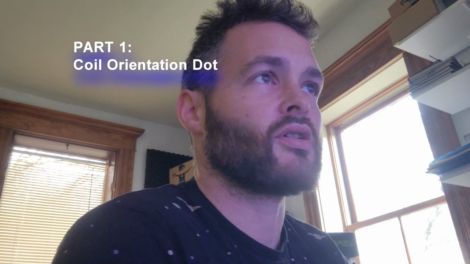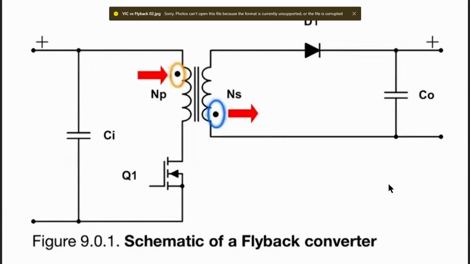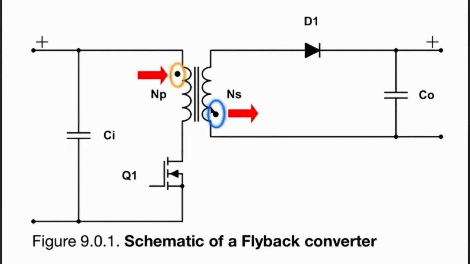If we take a look at the schematic of a flyback converter, you will see that we have these two dots in a similar fashion. Now, in this diagram, what was presented to me is that the dot typically indicates that if we have power going into this dot, power is exiting through the other dot.